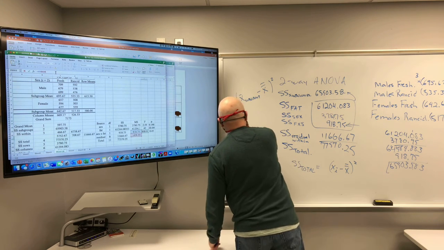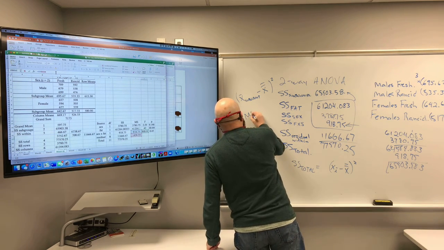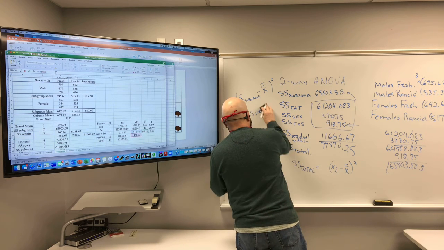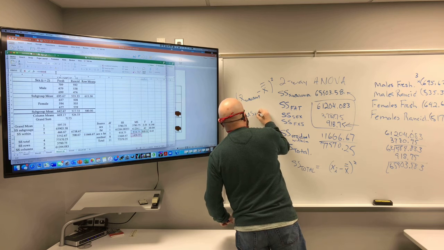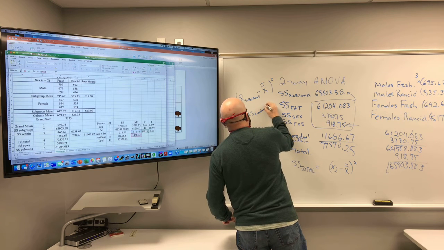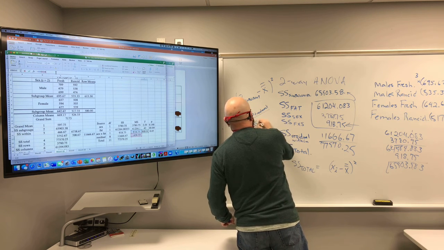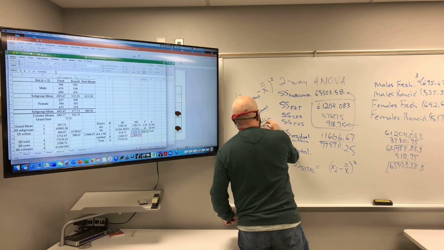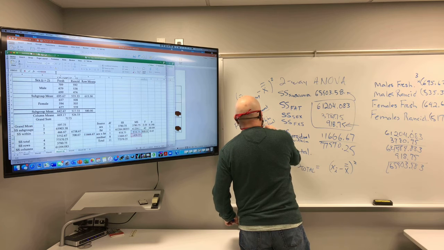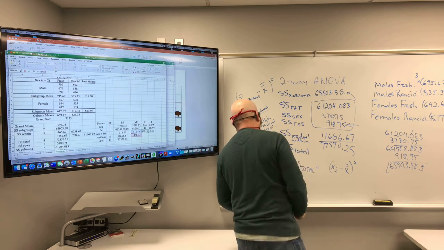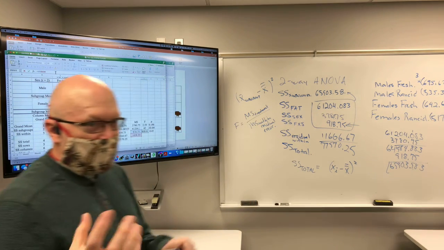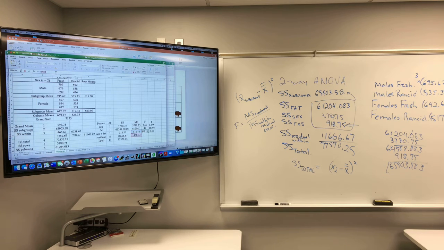F is always mean squared treatment divided by mean square within, or residual, or whatever you want to call it. Some people call it mean square error. Doesn't really matter. It's that within sample variation that we're talking about.